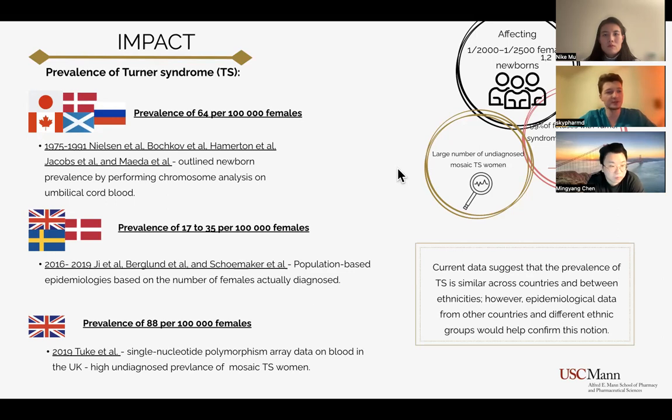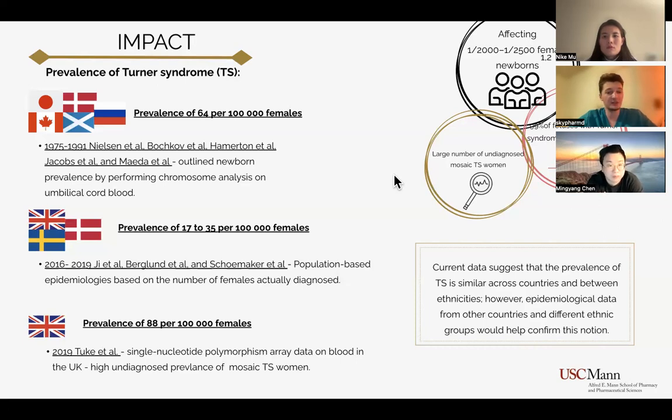A little more recent, from 2016 to 2019, 2 studies found a prevalence between 17 and 35 per 100,000 females. It was based on a population-based epidemiology study that counted the number of females actually being diagnosed. As I'll show later, that number is not too precise. However, one newer study, in 2019, was conducted in Britain.